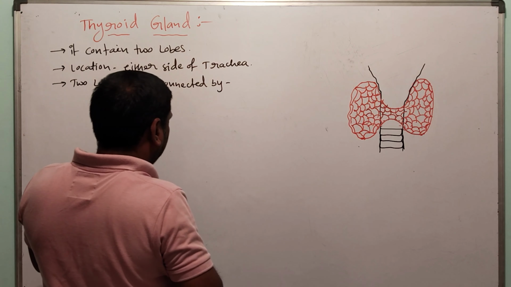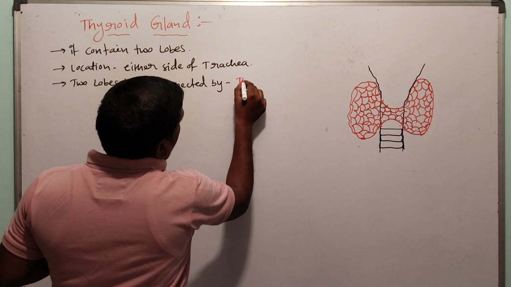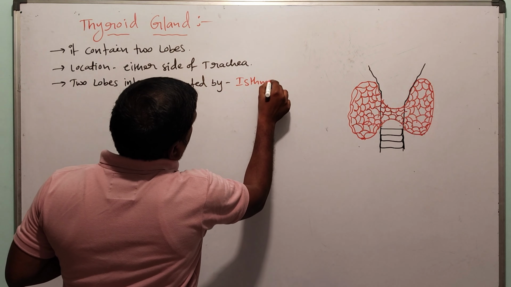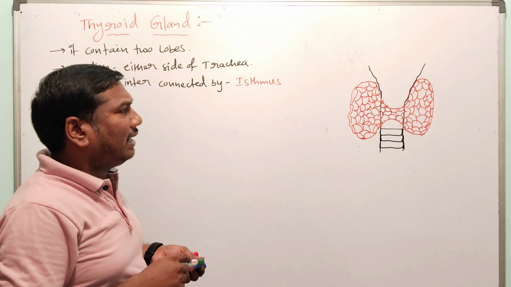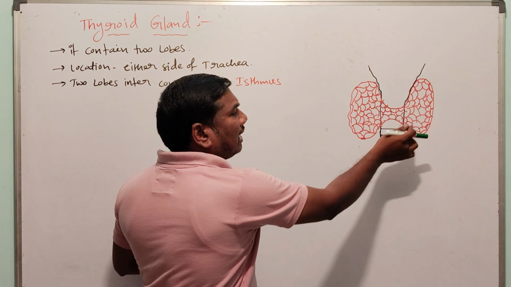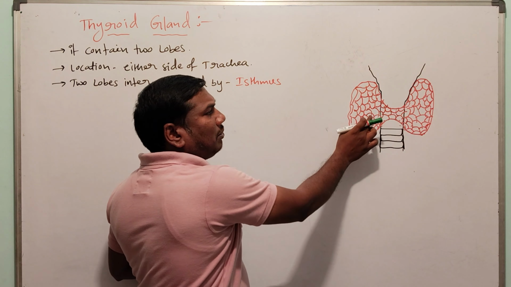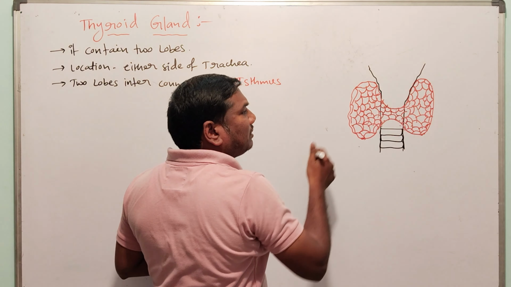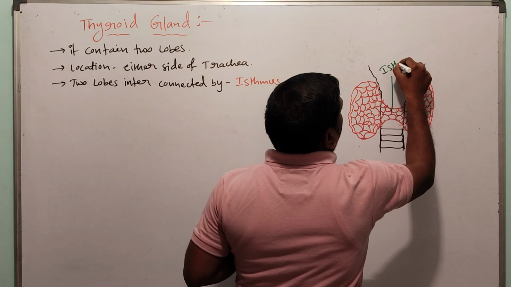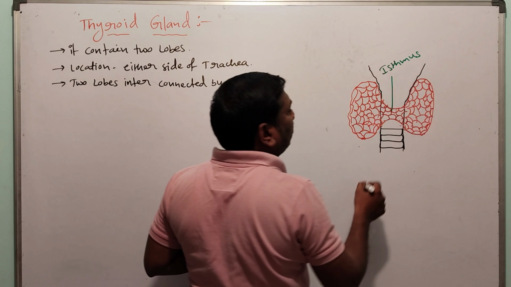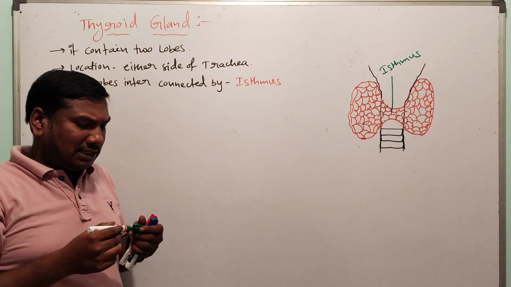The two lobes are interconnected by the isthmus. So in this thyroid gland, left side one lobe, right side one lobe, and these two lobes are interconnected by the isthmus.